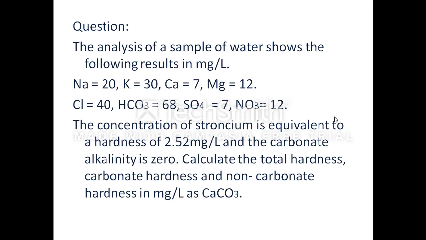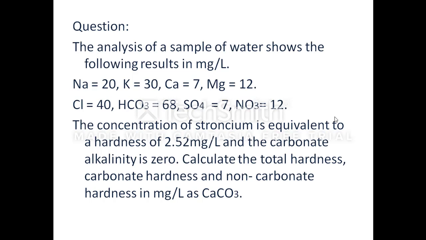Now another question. The analysis of a sample of water shows the following results in mg per liter. The concentration of sodium is 20 mg per liter. Potassium 30, calcium 70, magnesium 12, chlorine 40, bicarbonate 68, SO4 7, NO3 12.